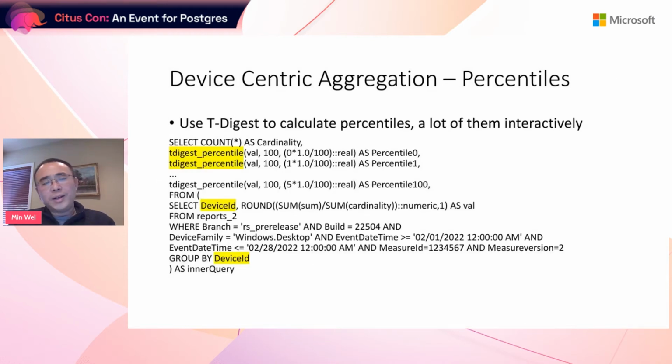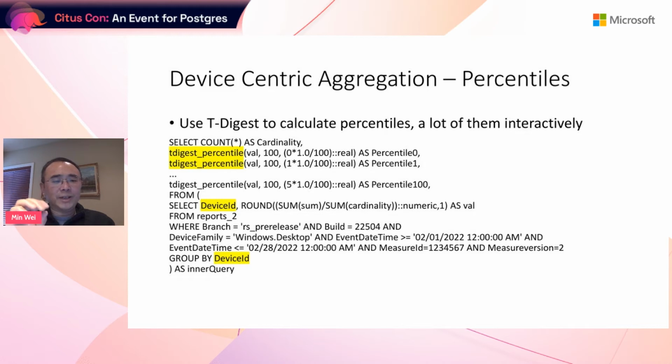So here's another example to show how we do percentile queries. As you can see, we calculate many percentiles. The query shape is also device-centric, on the device ID. This is just to show that we're using an extended data type, which is not normally in core Postgres.